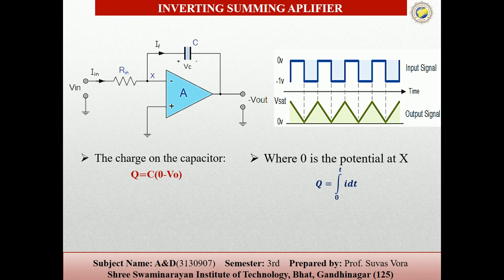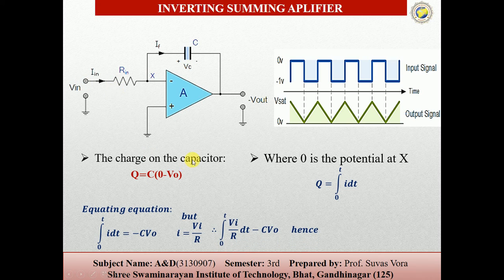Now at the point X, Q equal to the integral 0 to T of I dt. So the equivalent equation is the integral 0 to T of I dt equal to minus CV0, but we know that I equal to Vi upon R, where Vi is the input voltage and R is the resistance through which the input is fed. You can see here.